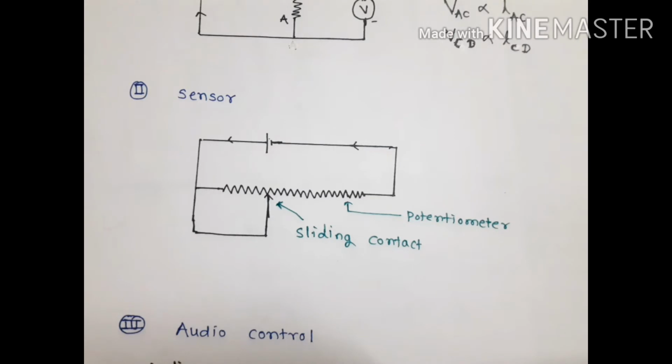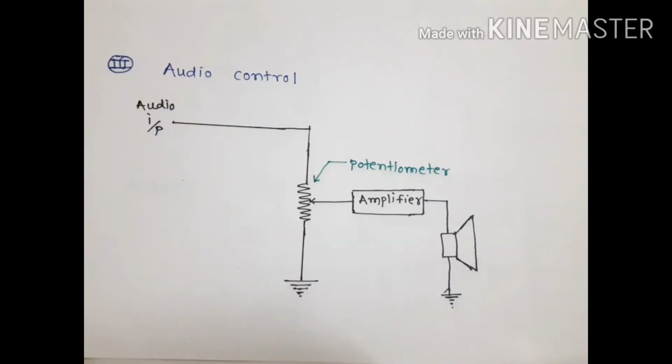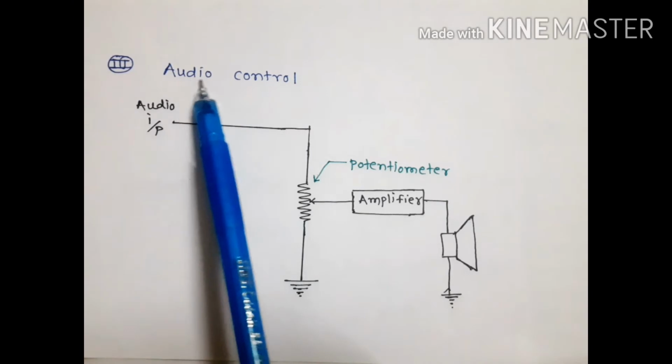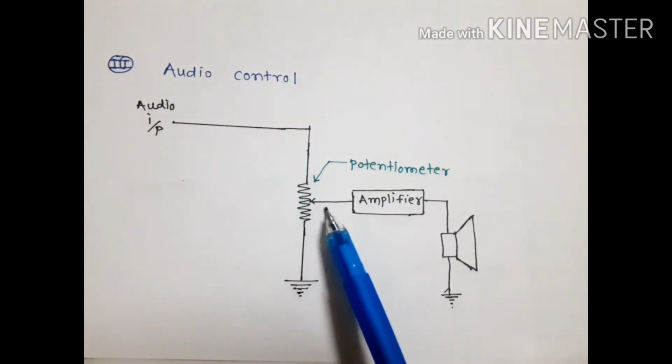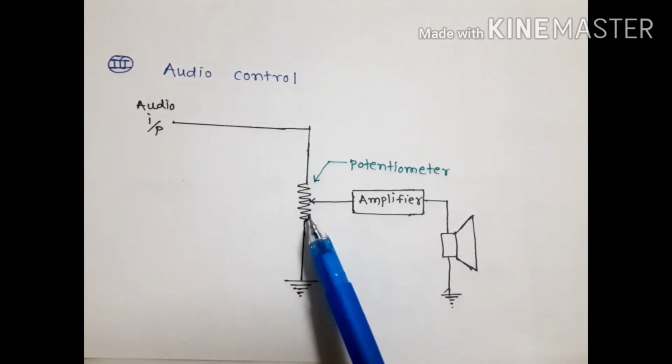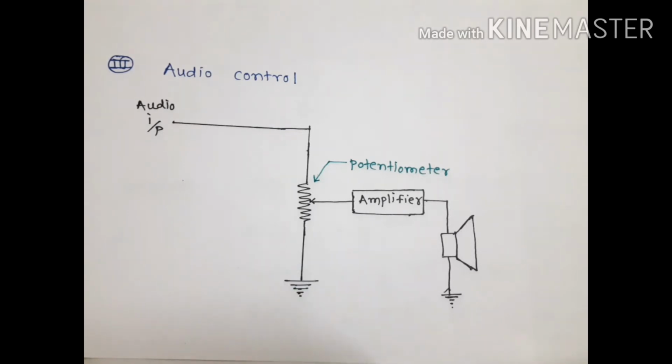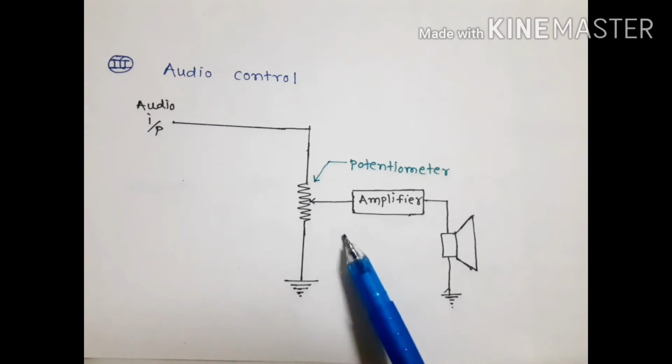Now the next practical application of the potentiometer is audio control. This is the sliding potentiometer, commonly used in modern low power audio systems and audio control devices. Here the potentiometer can be used for frequency attenuation, loudness control, and for controlling different characteristics of audio signals.